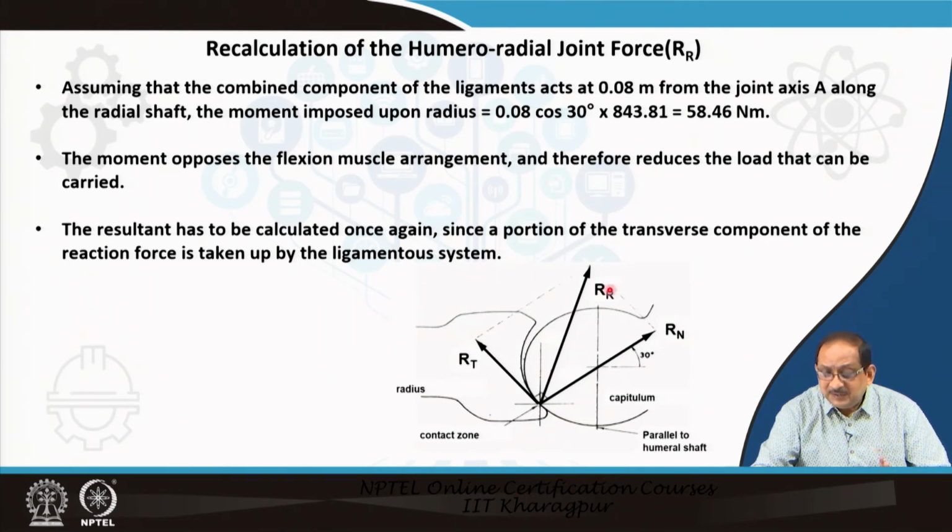So, if we see a transverse view of the point of contact between radius and the humerus, we can see the Rt, the transverse component, the normal component at the point of contact, and of course, the resultant humeroradial joint reaction force along the direction as shown.